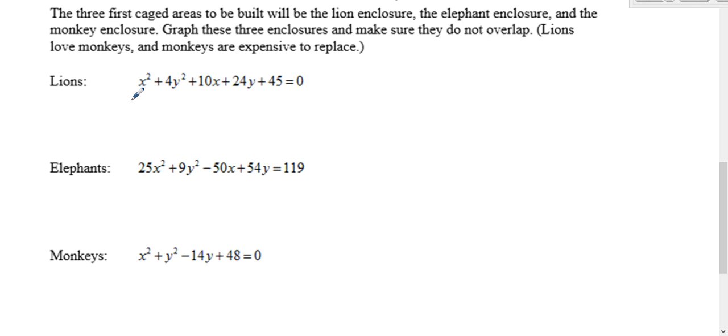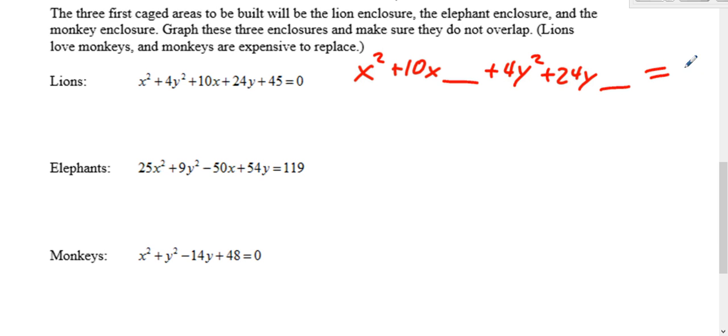So the first step to getting this to be standard form is to organize it so we can complete the square. X squared plus 10x, and then a blank, and then our y squared plus 24y, and a blank, equals, move the 45 over, we get -45.